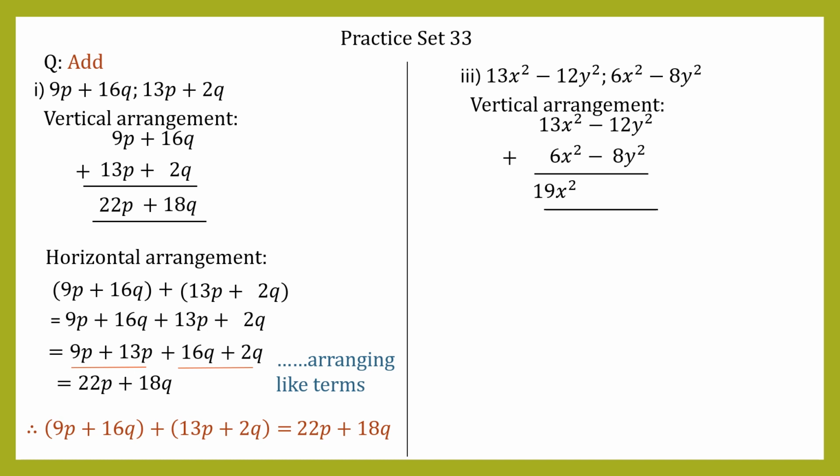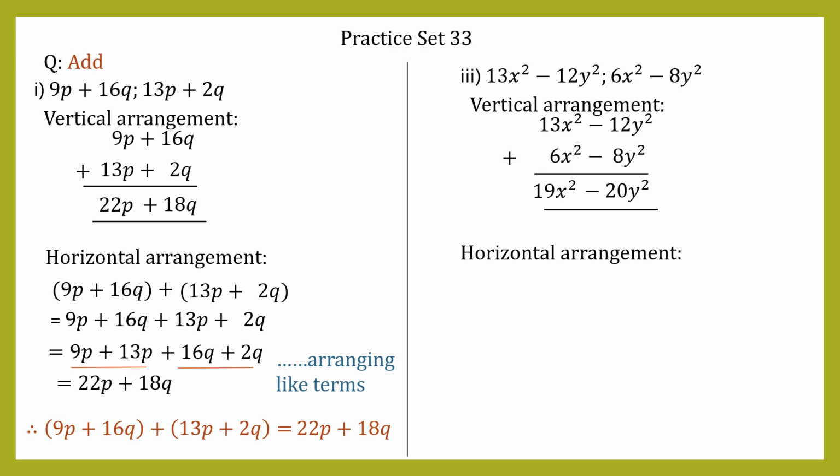So it will be 19x squared. Then minus 12 minus 8, that is minus 12 minus 8 is minus 20, so it will be minus 20y squared. So y squared will remain the same. We are not going to add y squared and y squared.